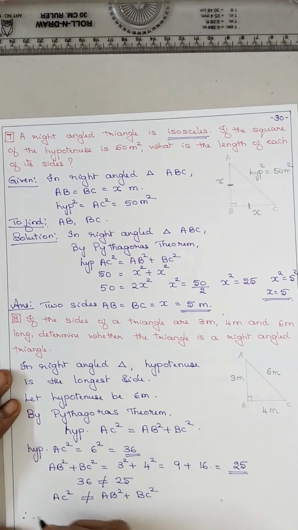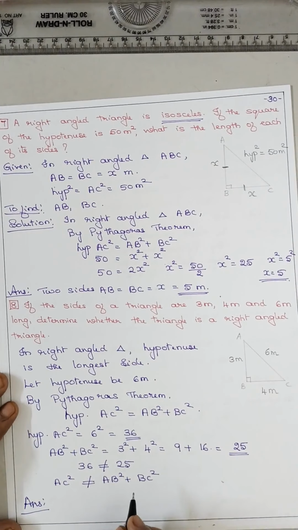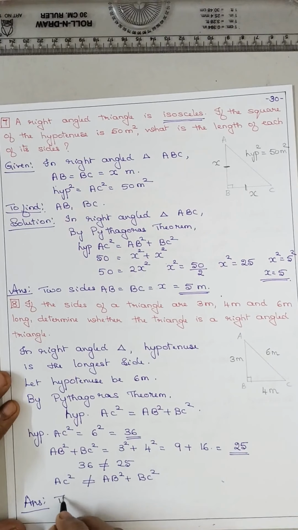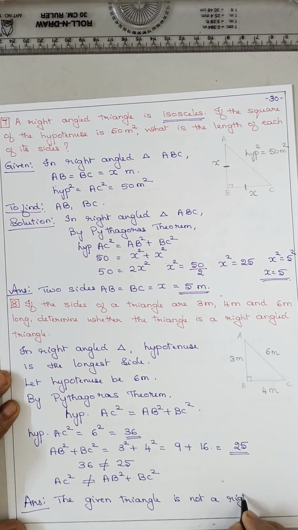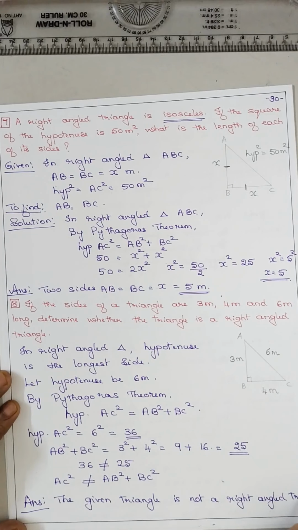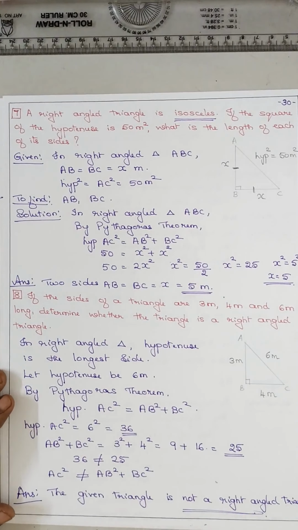Therefore what will the answer be? Whether the triangle is a right angle triangle. The given triangle is not a right angled triangle. It might be a triangle.